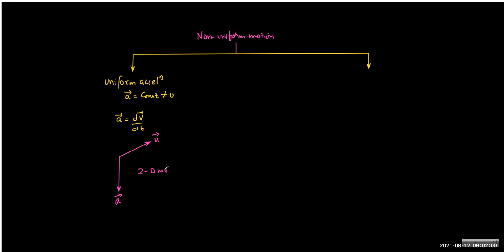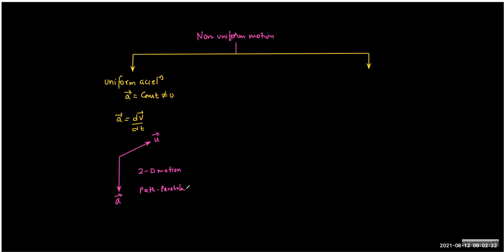Understood? So two-dimensional motion happens when u and a are non-collinear, and in such a case the path will be a parabola. This is a thumb rule. It is not only about gravity.